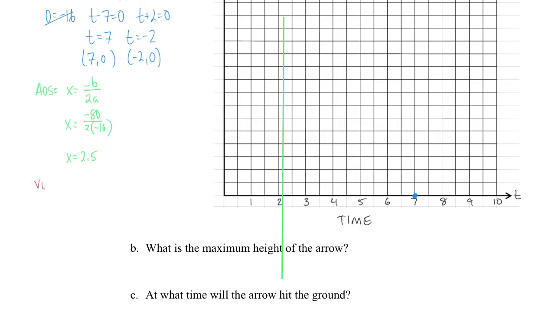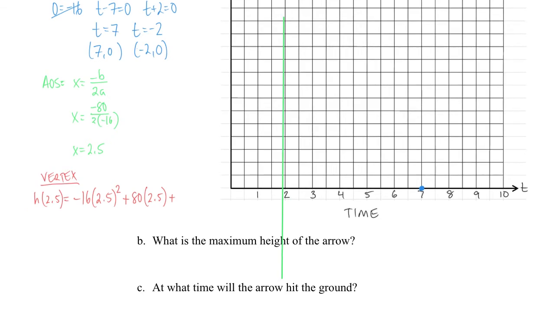My vertex in this case is going to be h of 2.5 equals negative 16 times 2.5 squared plus 80 times 2.5 plus 224.